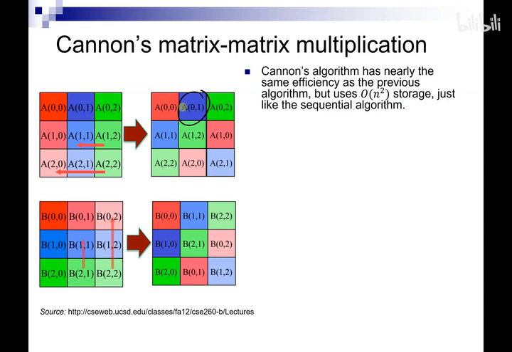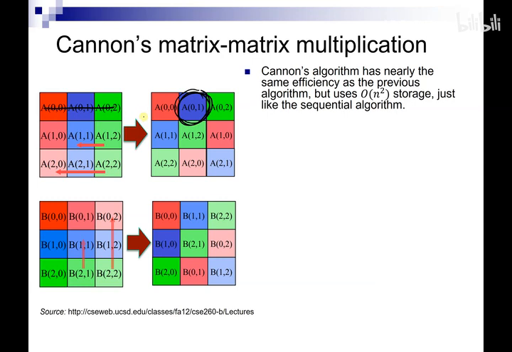Because, for example, there's some processor at this position. He's got a blue chunk of A and a blue chunk of B. When he multiplies those, he gets exactly part of what he needs in order to produce the output at this location. Imagine you want to produce the output at this location in C. What do you need to do?